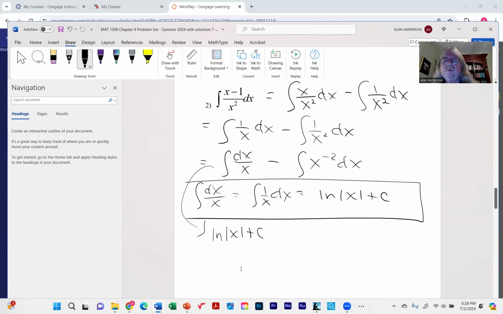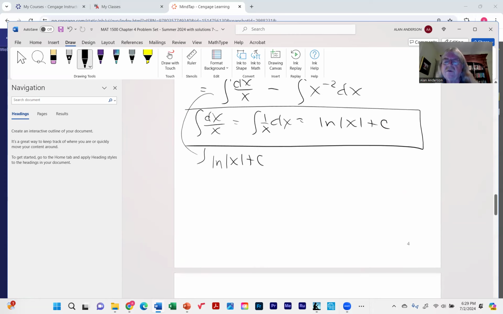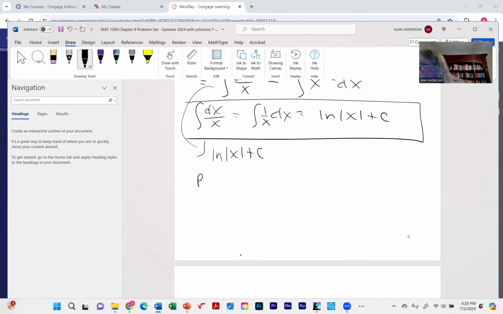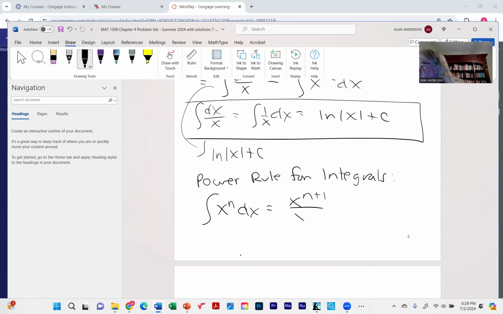Okay, so remember how that works with integrals. The power rule for integrals is x to the n plus 1 over n plus 1 plus c. And of course, this is assuming that n is not equal to -1.